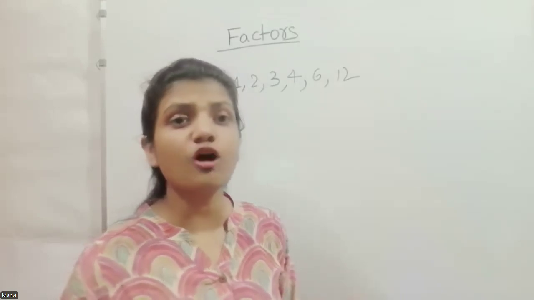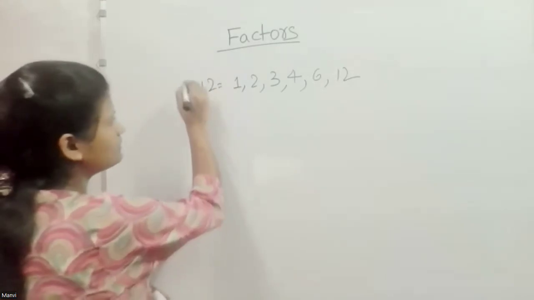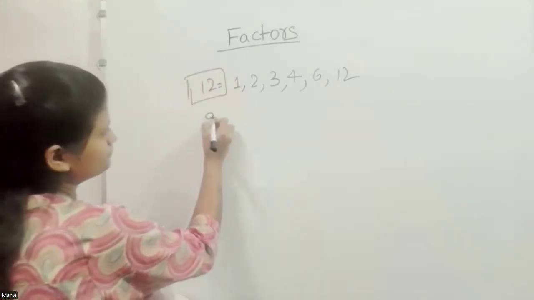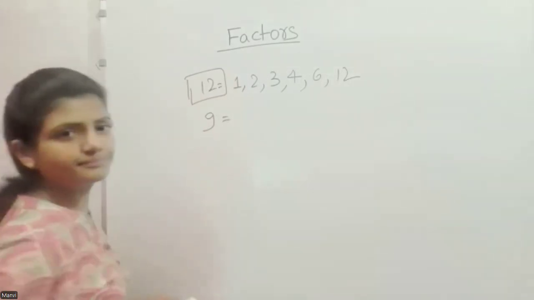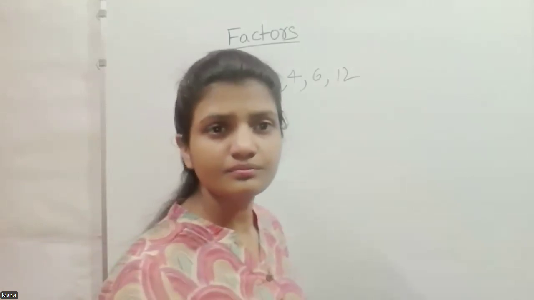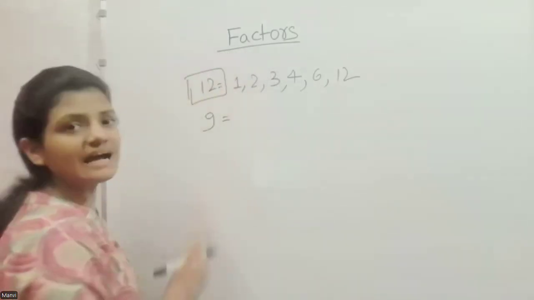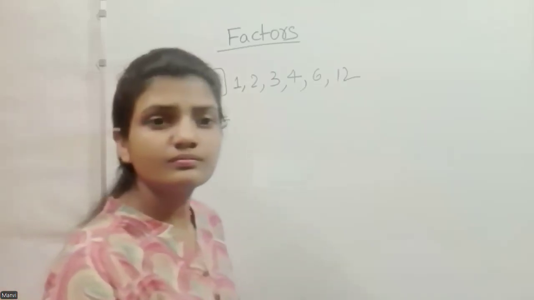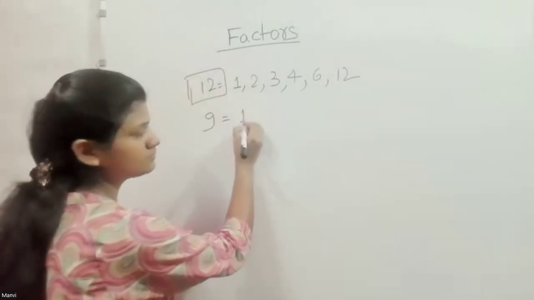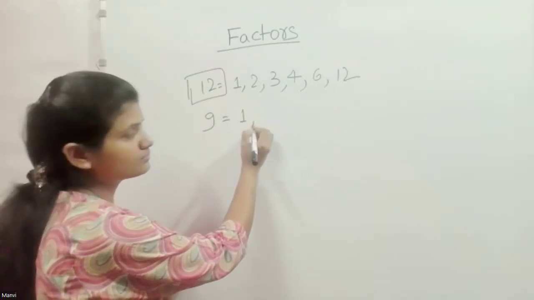The next thing is common factor. If I give you two numbers, one is 12 and the next one is maybe 9. What are the factors of 9? First is 1, then 3.